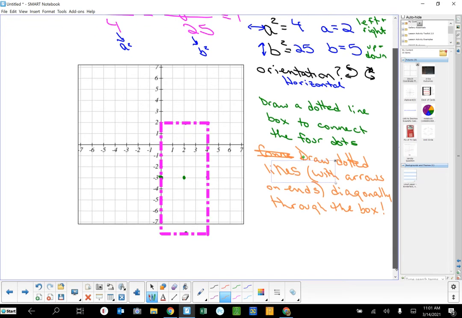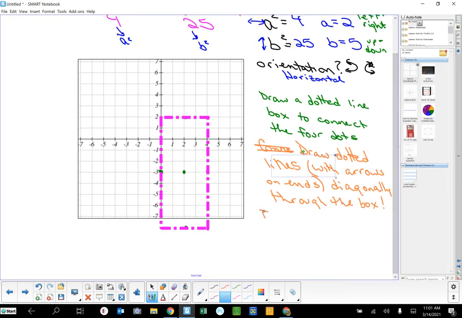These create asymptotes, asymptotes that form the hyperbola curve. Hyperbolic.